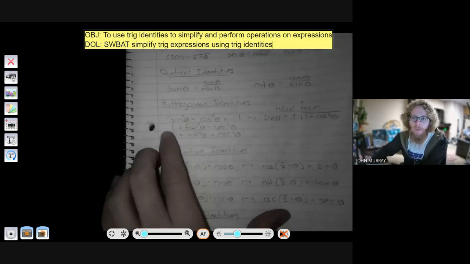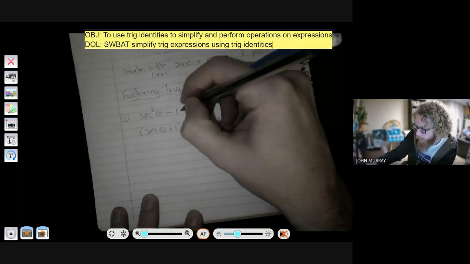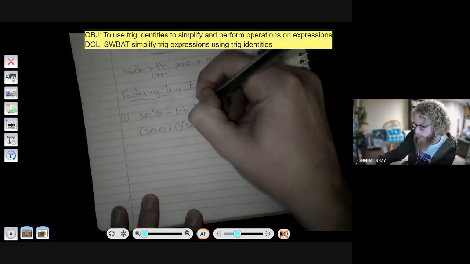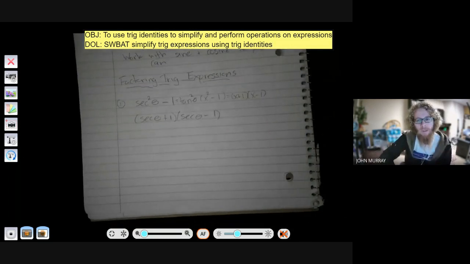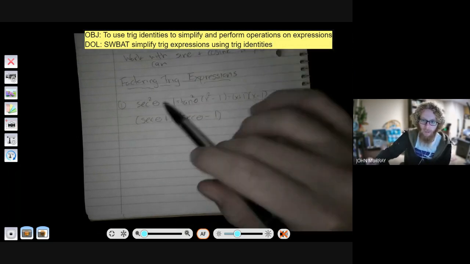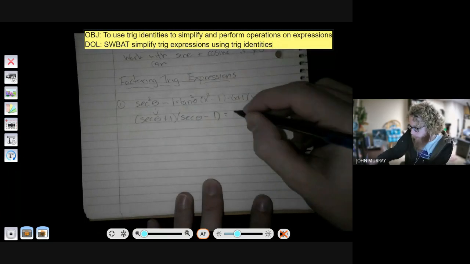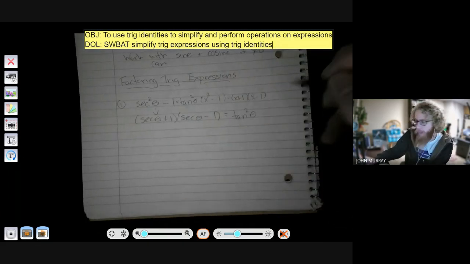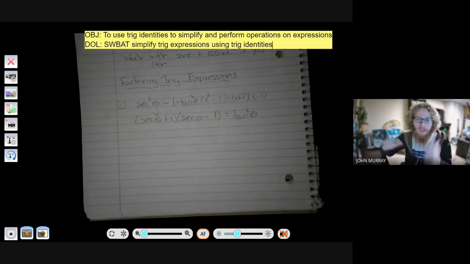I could have moved this over here, and I can also say that this is equal to tangent squared. So that's where a lot of the difficulty comes in. If they just say straight up factor, you can factor to this. But if they tell you to simplify, then you can take it a few different ways.